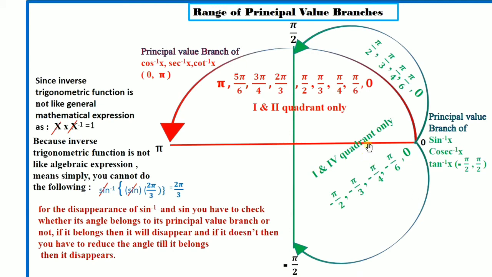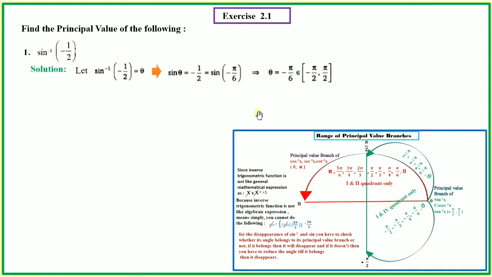That means it is true. As minus pi by 6 belongs to this range, we can say that the principal value of sine inverse minus 1 by 2 is minus pi by 6. As we had considered sine inverse minus 1 by 2 as theta, we got theta as minus pi by 6, meaning sine inverse minus 1 by 2 is equal to minus pi by 6. That's all about this question. This is the complete solution.